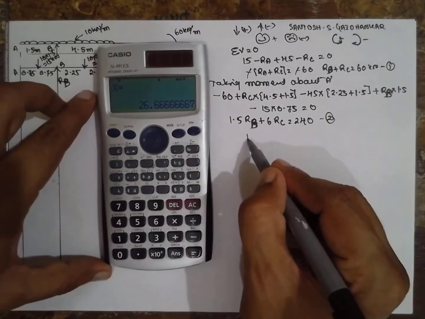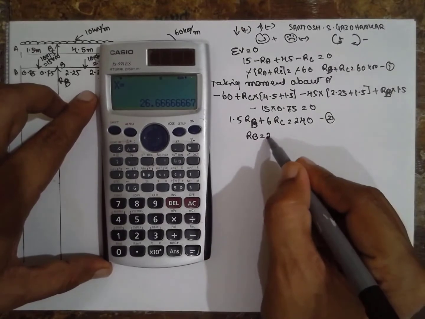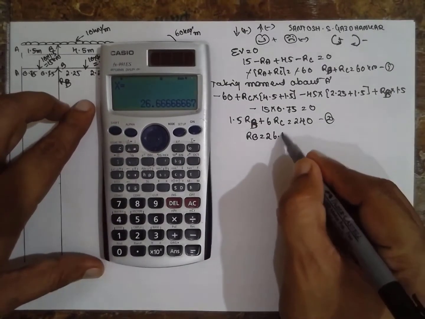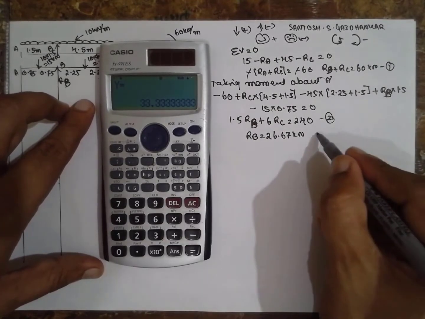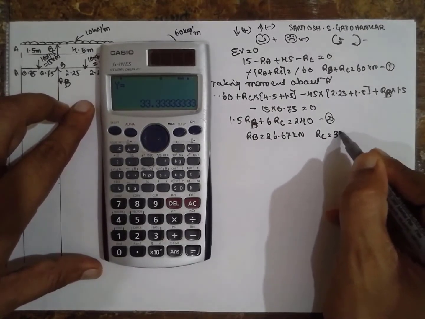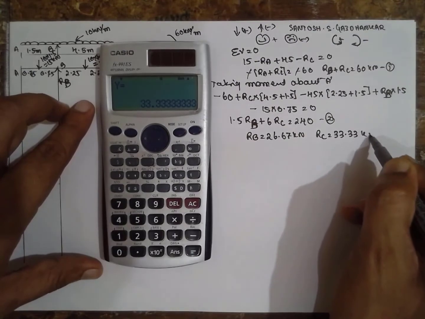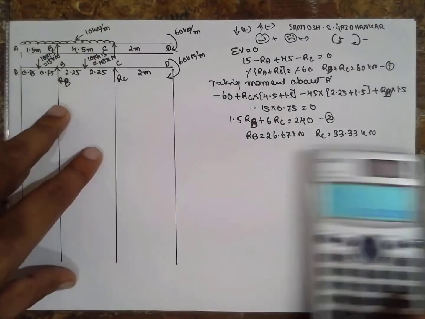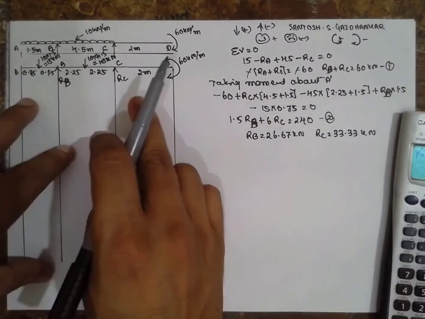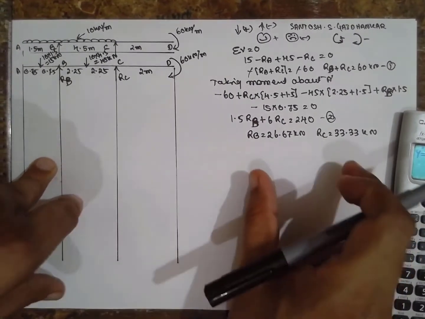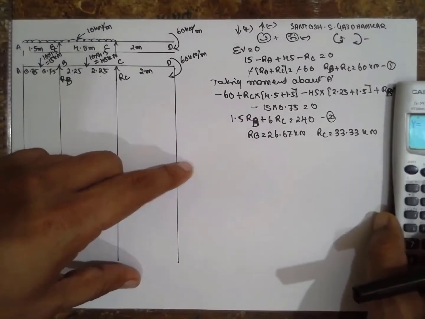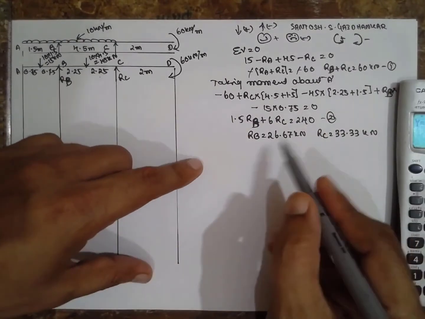The first value of RA is 26.67 kilonewton, and RC is 33.33 kilonewton. There are two overhangs, this side also hanging, and this also, which in turn means two values come into the picture here. You have to go for equating.